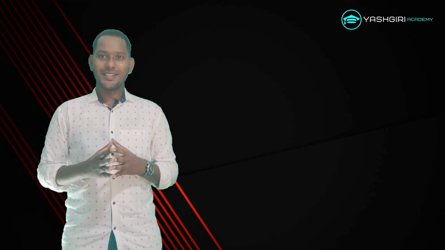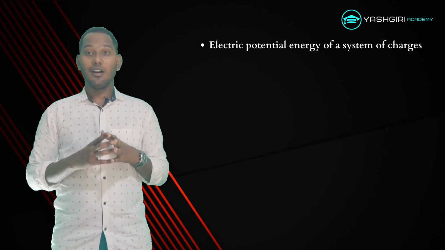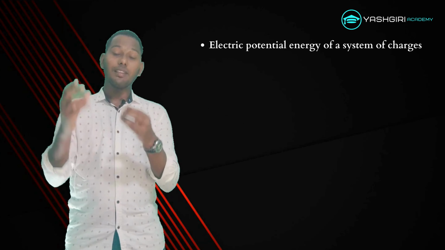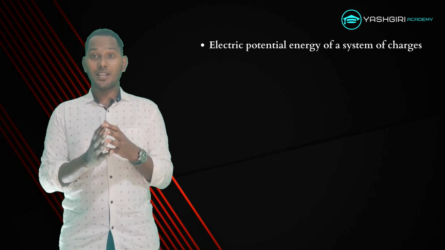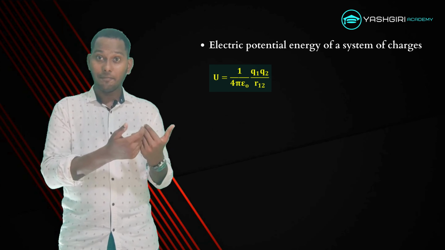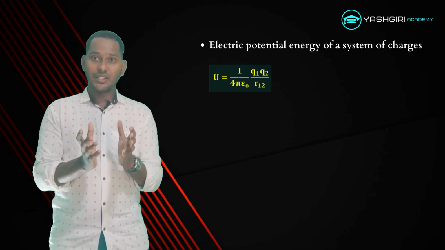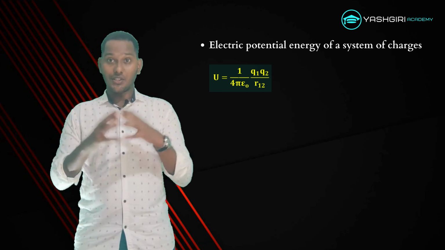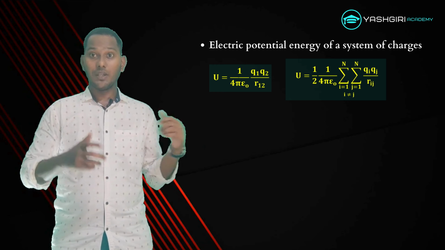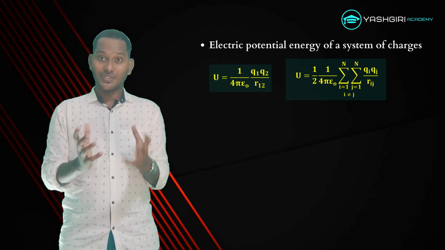Now in today's session, we have discussed the term electric potential energy for a system of point charges, which is nothing but the amount of work done in assembling those point charges at their locations while bringing them in from infinity, right? Then later we obtained the equation of potential energy for a system of charges, and this is the equation to find the potential energy when you have n number of point charges in your chosen system.